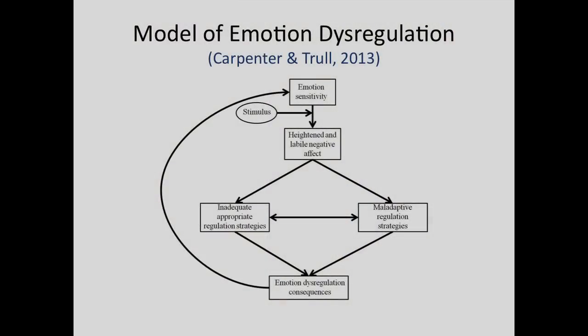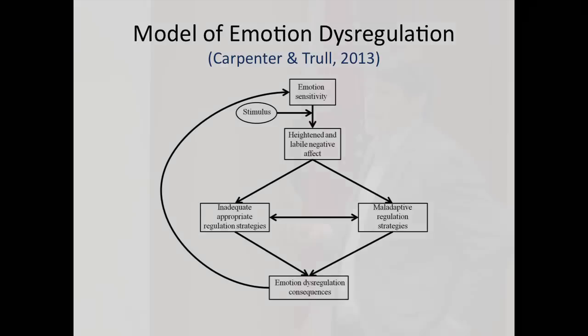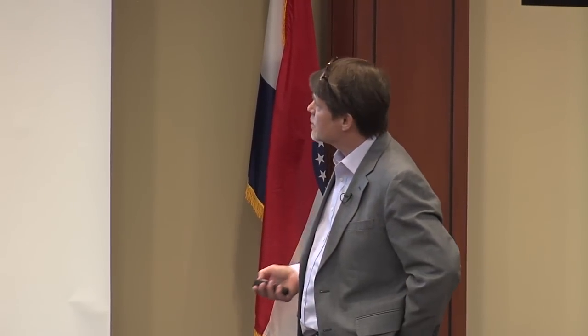This is a model of negative emotion dysregulation that Ryan Carpenter and I talked about recently, and it's basically Linehan's model of borderline personality disorder, and I think it has something to say about why there may be interpersonal problems or some deficits in some of those mechanisms we talked about.